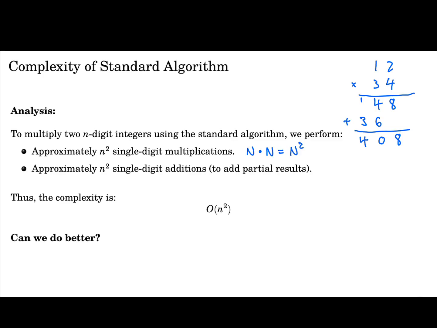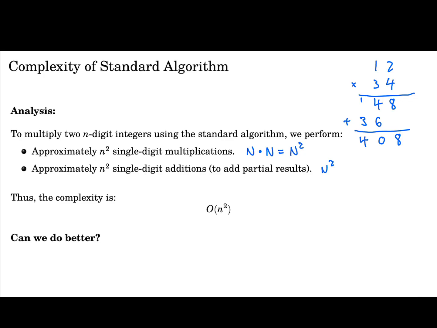So it can't be worse than 4 additions, which is, again, n squared. And so the total complexity is going to be something like n squared plus n squared, but remember that big O ignores constants, so this is the complexity of multiplying two numbers when we use the standard multiplication, right?